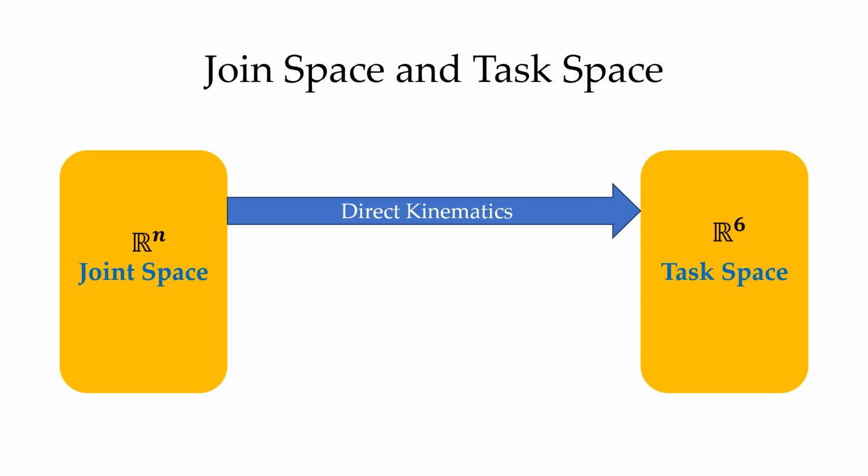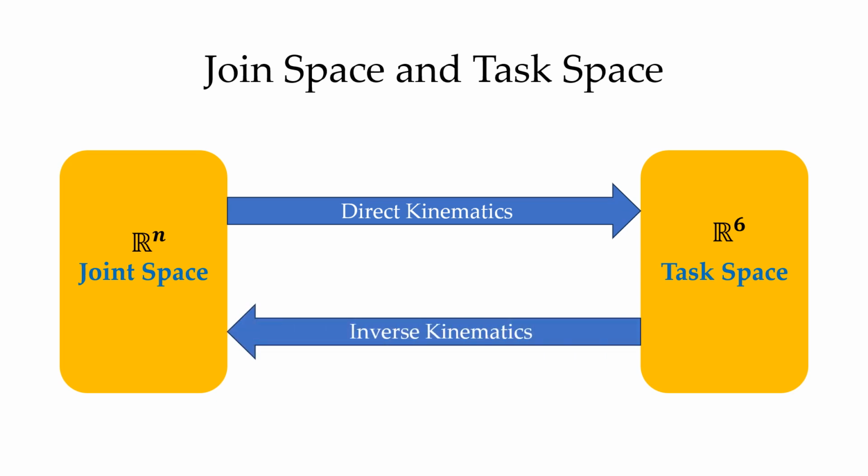Similarly, if you are given the parameters of the task space, which is a 6 by 1 vector, and you want to find the components of the joint space, which are the individual joint variables, it could be the revolute angles of each joint, or the length of each joint if it is a prismatic joint. If you want those parameters, then you will need inverse kinematics.